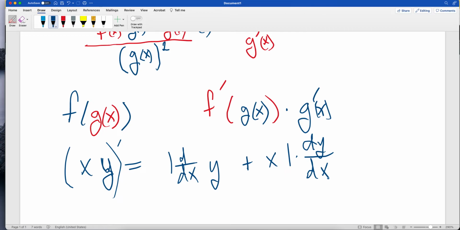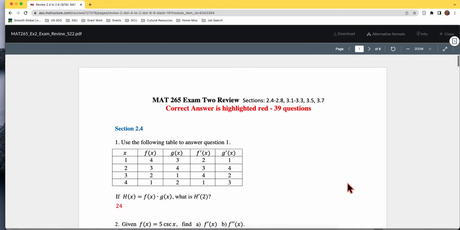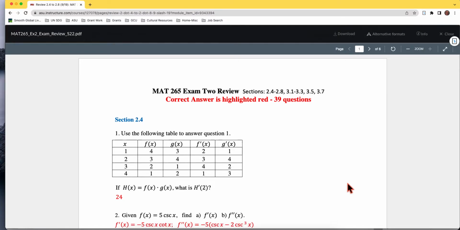So what we have to get us ready for the test, and again, this is all I have, the coordinators, they've, let's see, are we here? Yeah. So there's this exam 2 review. It's an older one. When I get the copy of the exam, which will probably be the week of the test or maybe just a little bit before, I'll look it over, make sure that everything's here that needs to be there.